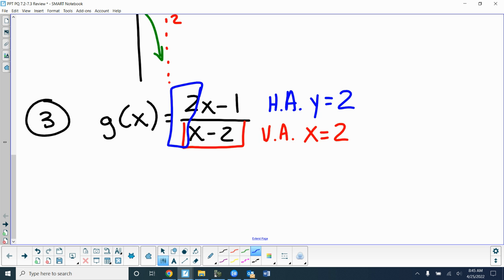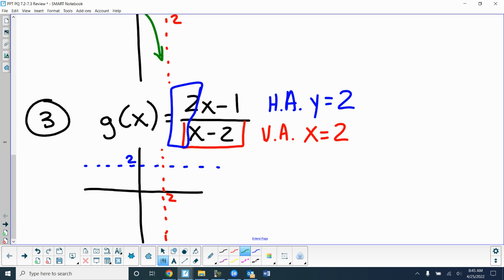So they're both the same this time. So then when I graph it, vertical at 2, horizontal at 2, and then my two branches, which are up in the top right again and the bottom left.